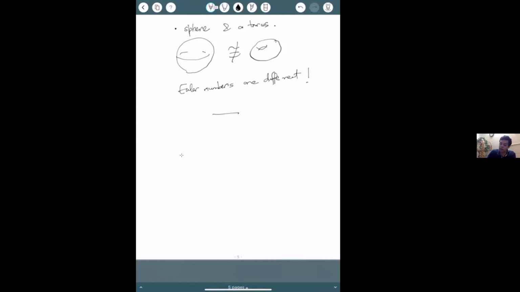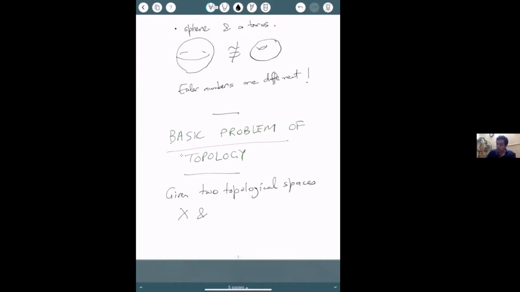Let me say what the basic problem of topology is. The fundamental problem that this field tries to solve is: given two topological spaces, now you can imagine metric spaces, let's call them X and Y, are they homeomorphic?